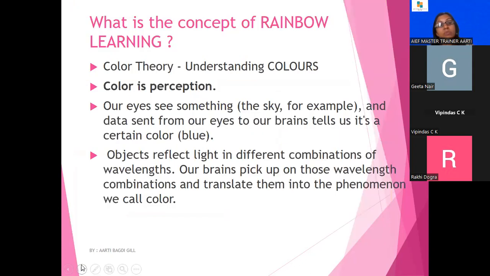Now, quickly, let's move on towards our topic, that is the concept behind this rainbow learning. The whole concept is designed on the basis of a case study. In that particular class, I had given a blank page and colors to the children. Few members were also there in that case study, and we had examined each and every child in that classroom.